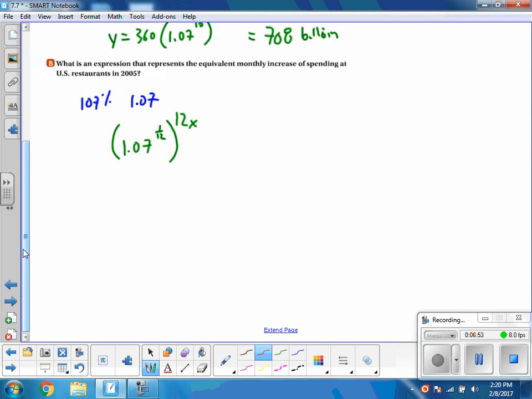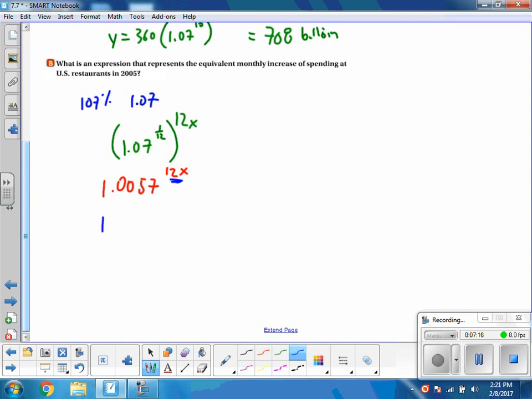So if I do some simplifying here, 1.07 to the 1/12th power ends up being 1.0057, to the 12 times x power. And this is really our equation, and it's telling me a monthly rate.